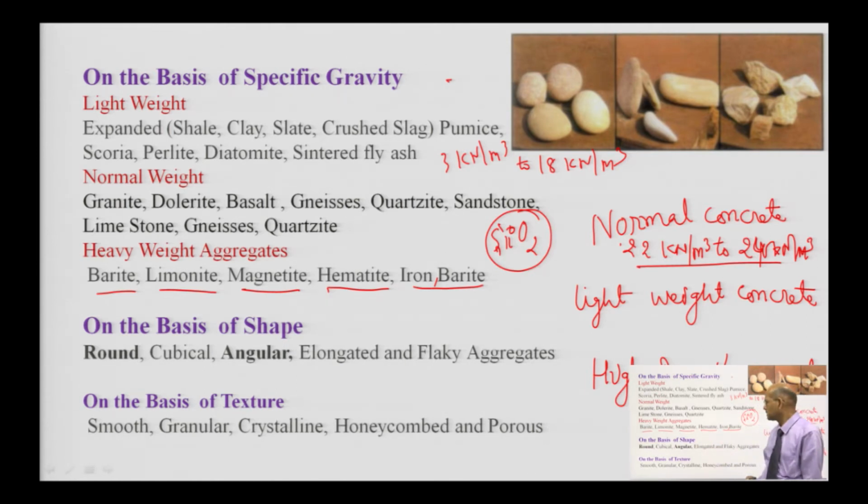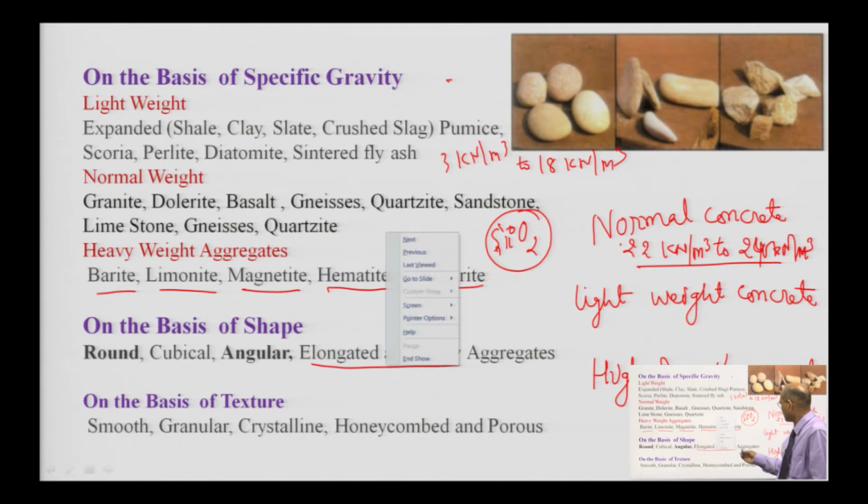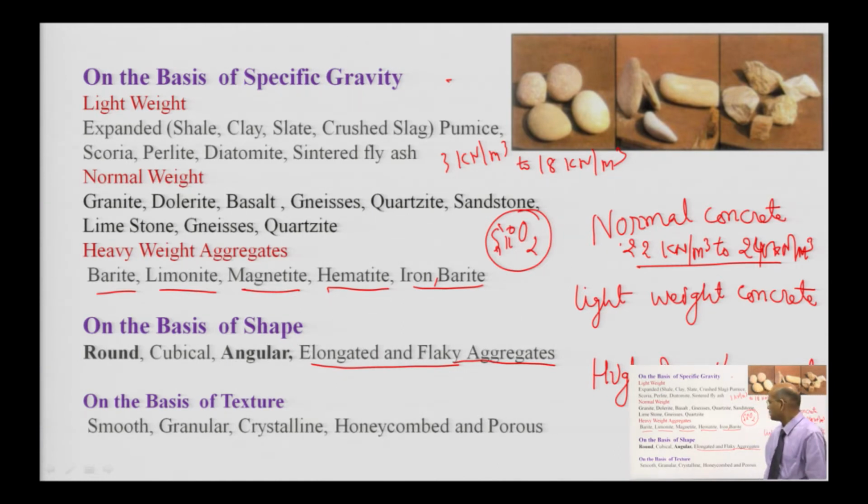Even if the rock is of good quality, if its shape is not proper, say elongated, where the length is very large with respect to the cross-sectional dimension, or flaky in nature, then even with very good petrology and geology the shape is not good, and that is not going to give you good quality concrete. For good quality concrete, you should have angular aggregate like this. This is angular shape.